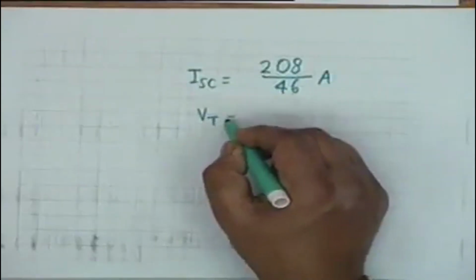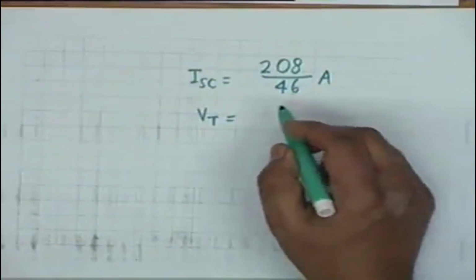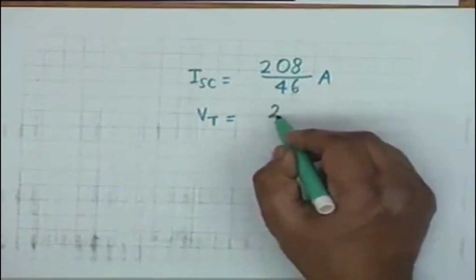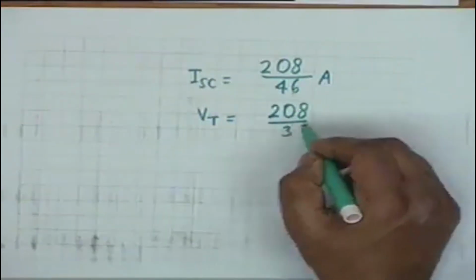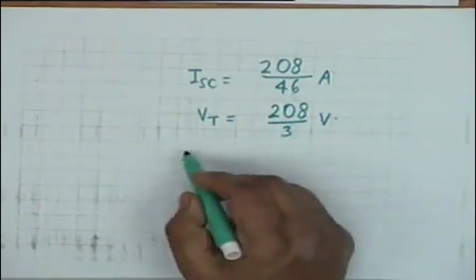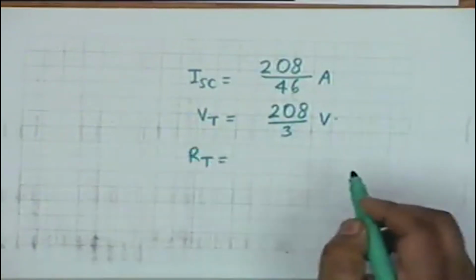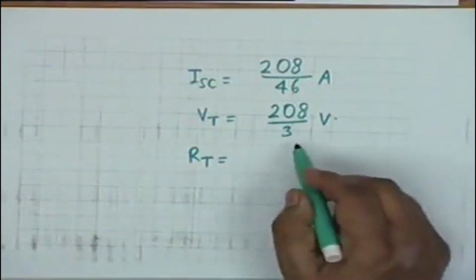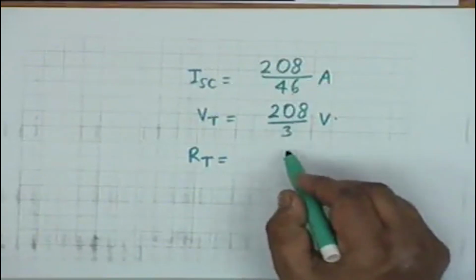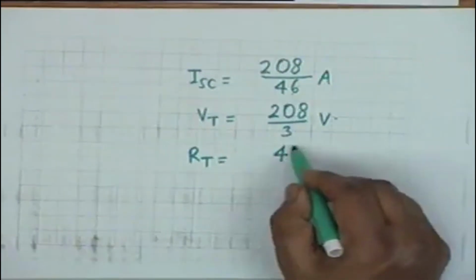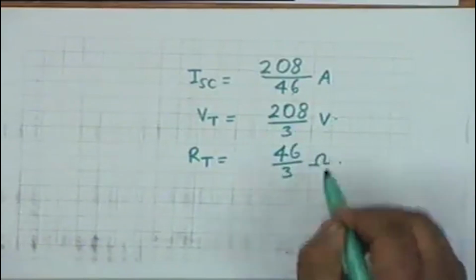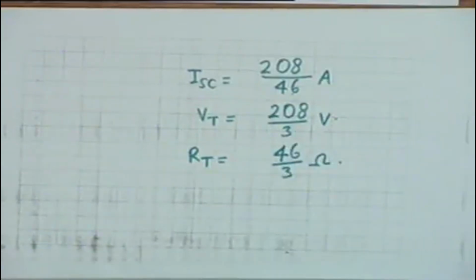My VT was equal to how much? 208 by 3 volts, and therefore my RT shall be equal to what? 46 by 3 ohms.